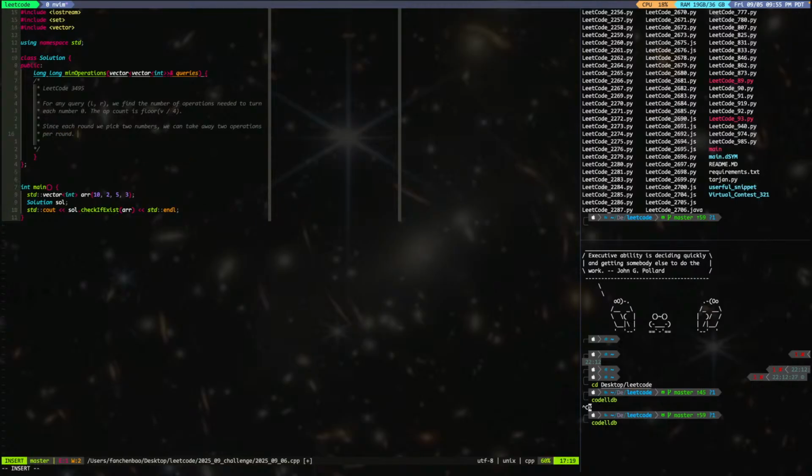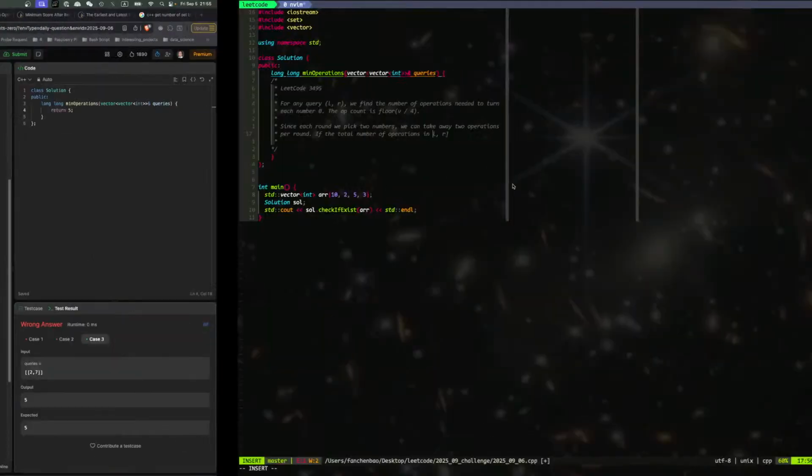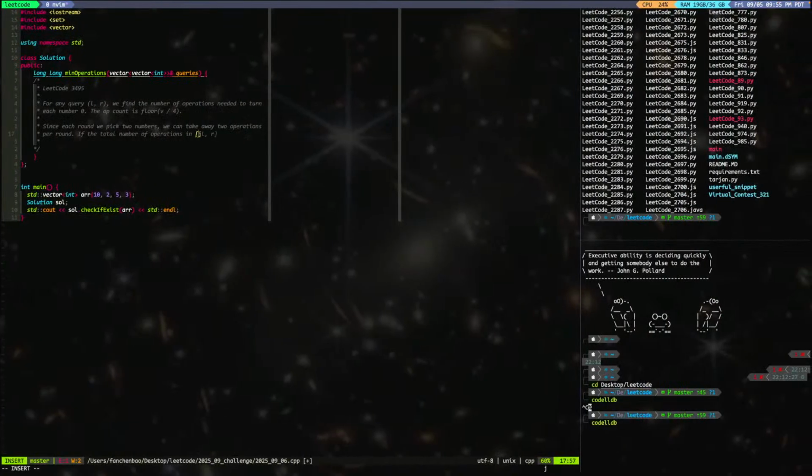Now, if the total number of operations in L to R, and it's inclusive, so we do this to make it more explicit.